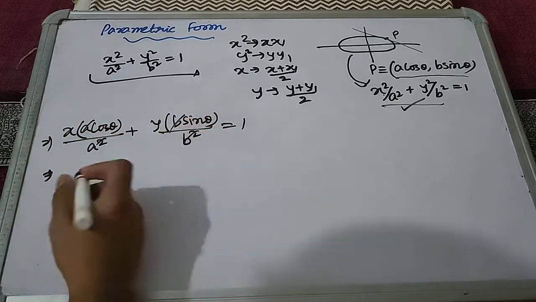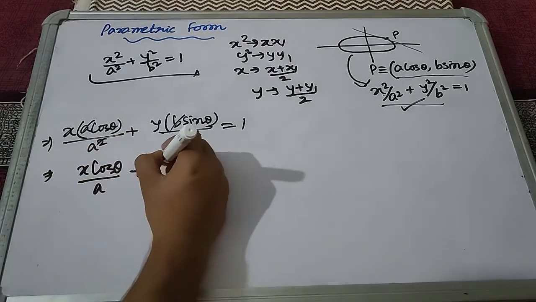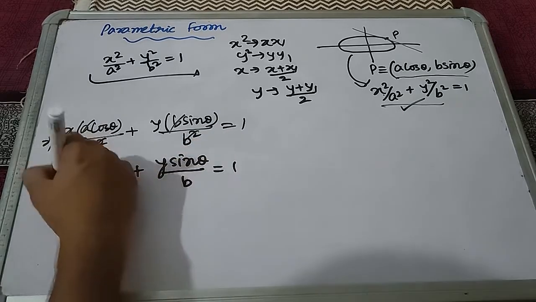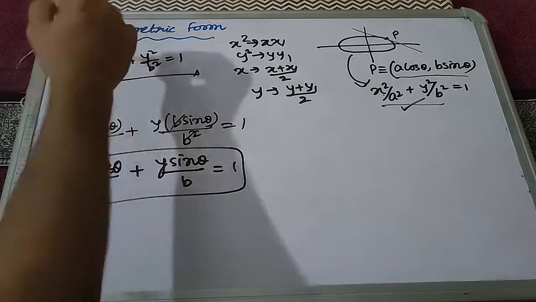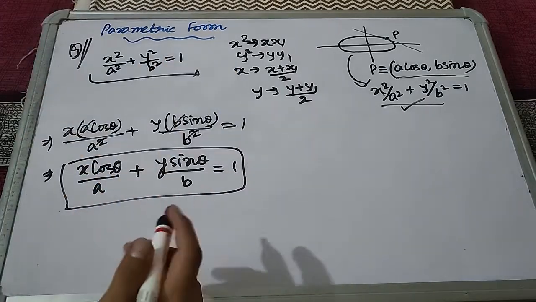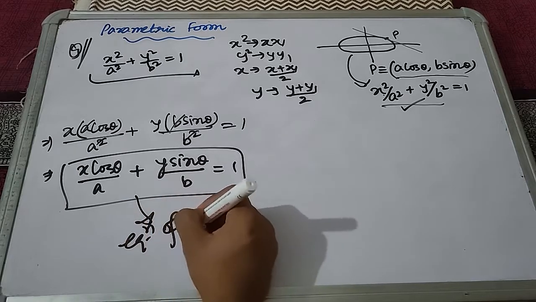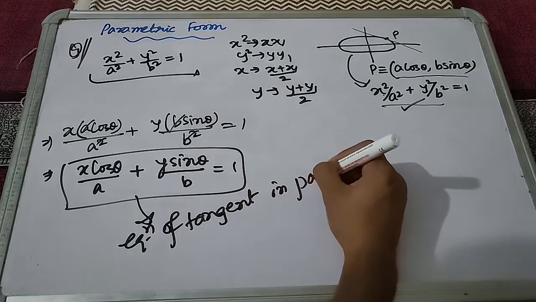Cancel this a, cancel this b, and this becomes x cos theta by a plus y sin theta by b equals 1. And what is this? This is actually a question as well as a result to keep in mind. This is your equation of tangent in parametric form.